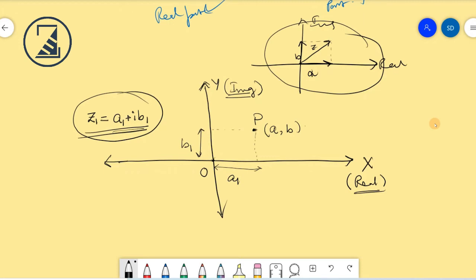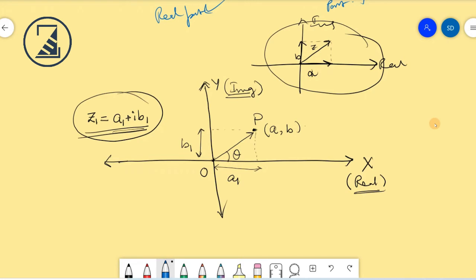And we can also represent this complex number a1 plus i b1 with the help of the length of the line segment OP from the origin to that particular point P, and with the help of an angle theta.